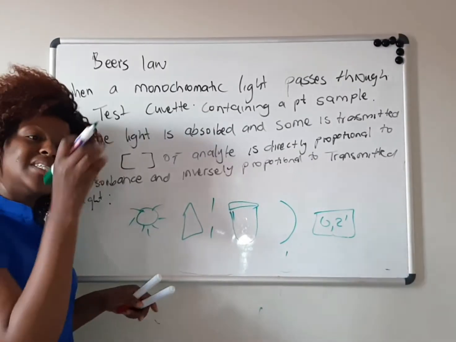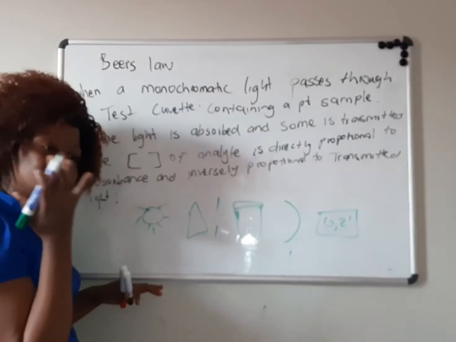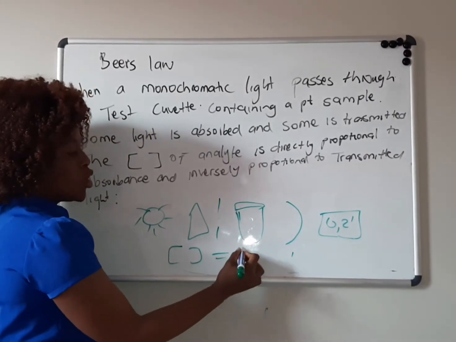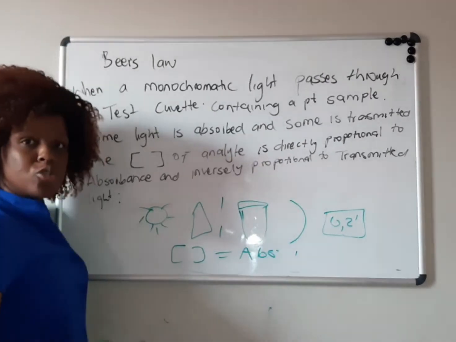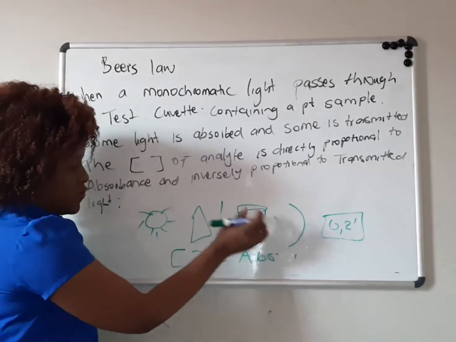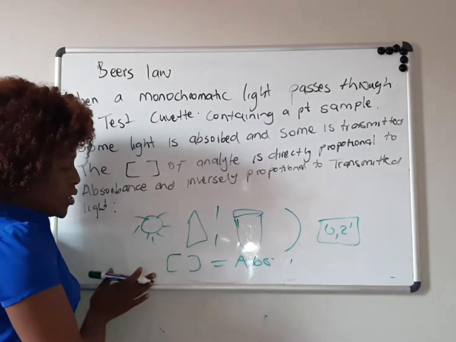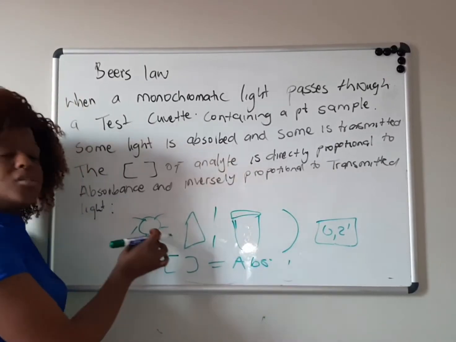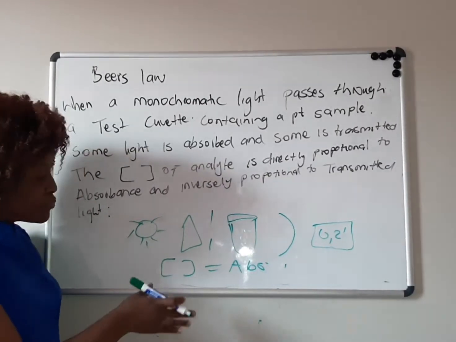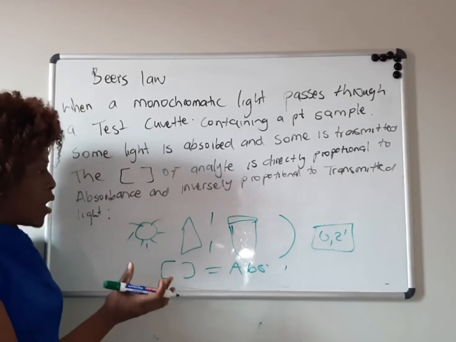Then you have a decrease in absorbance. So basically what Beer's law says is that the concentration of the analyte equals absorbance. So the higher the concentration of an analyte in a test cuvette, the higher the absorbance. So we can use this law or this rule to determine the amount of concentration. I will show you how just now.